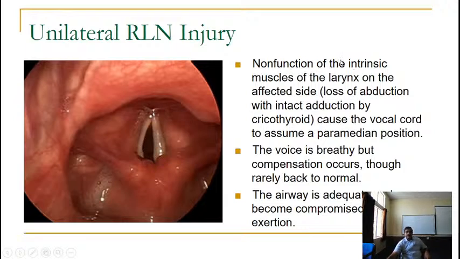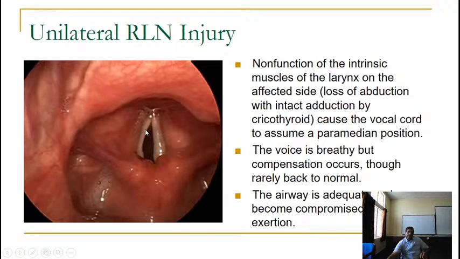So with the recurrent laryngeal nerve, initially when there is an injury, it goes into adduction, the vocal cord assumes the paramedian position. The voice is breathy, but compensation slowly occurs. This is the cord which is paralyzed, which is not moving.